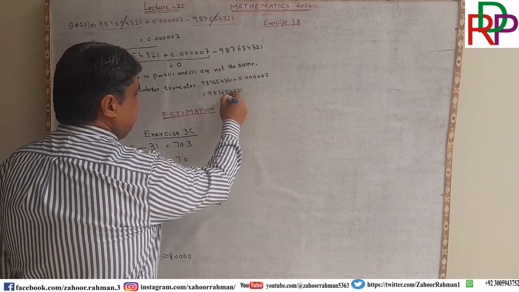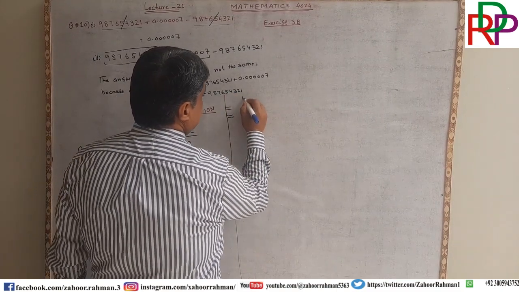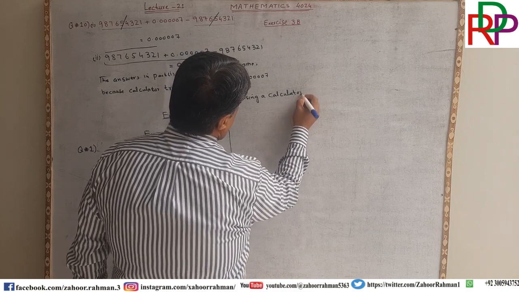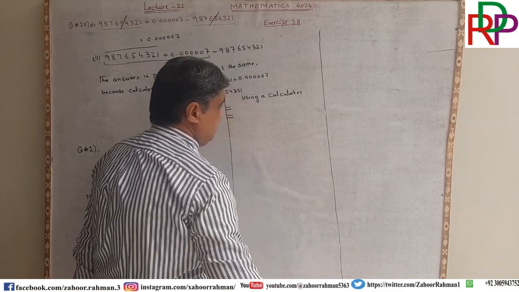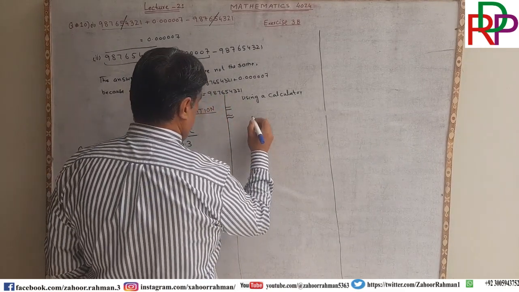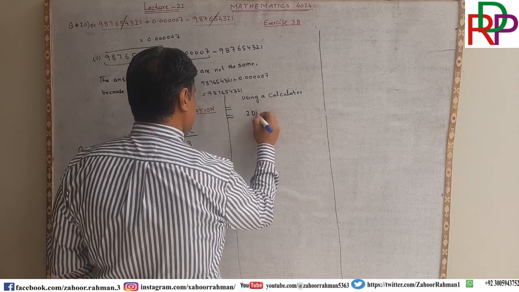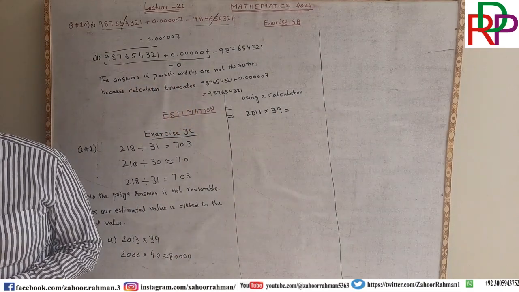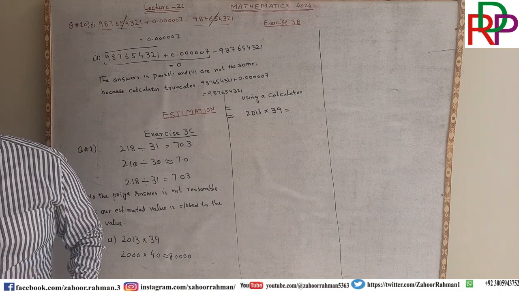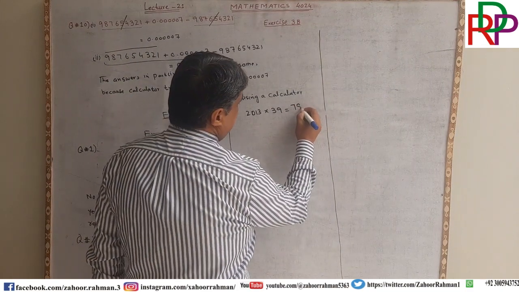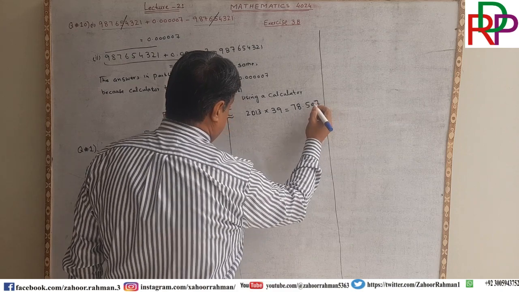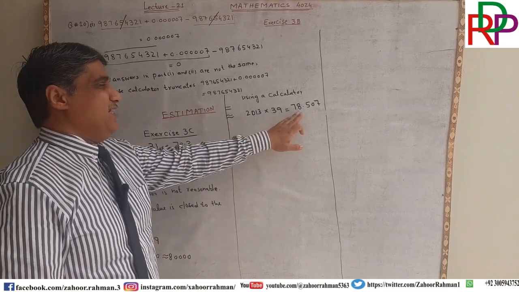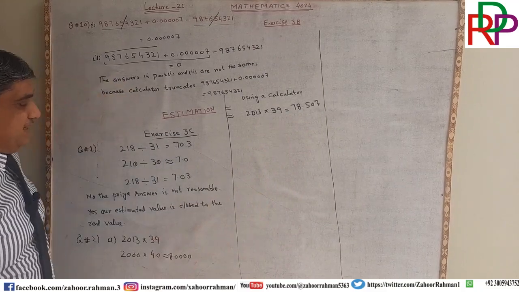Using a calculator, we will get another value, and that is the exact value. 2013 multiplied by 39 is equal to 78,507, and you can see that our estimation is nearly equal to 80,000. 78,000 when rounded up gives 80,000.